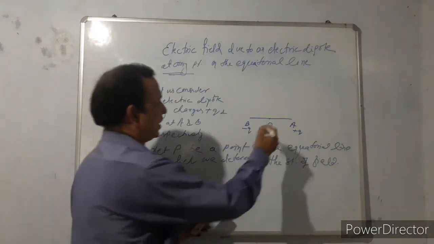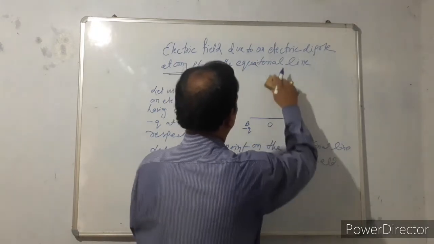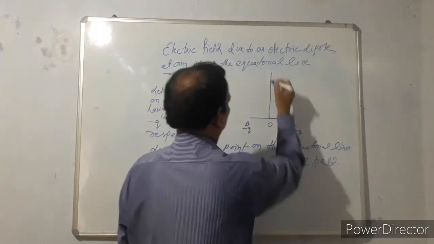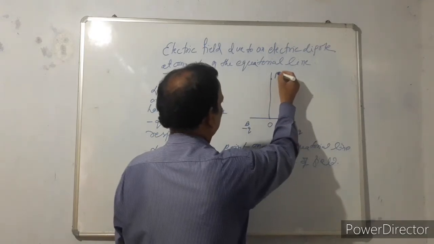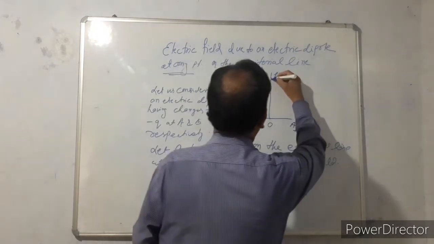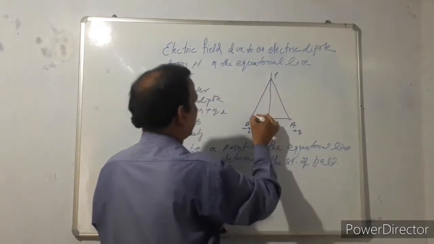Clear? So that is the equatorial line. P is a point on this line. Join AP and BP.